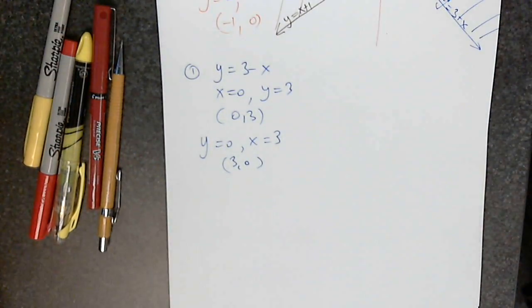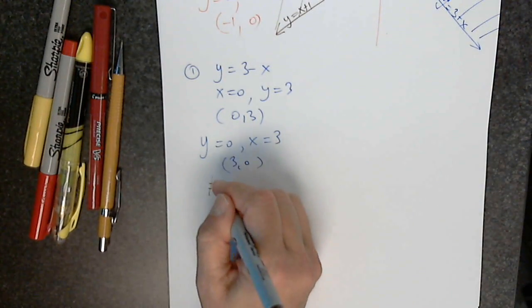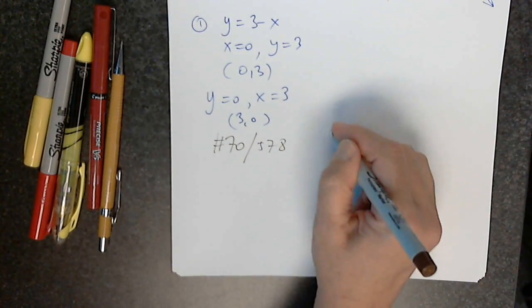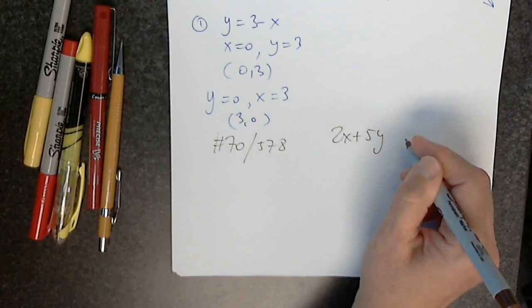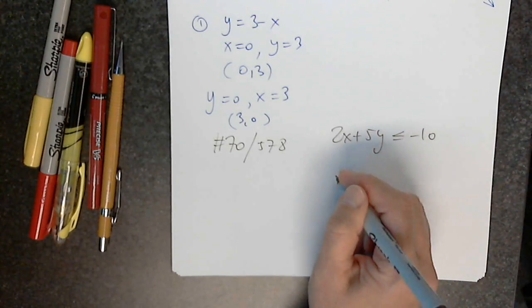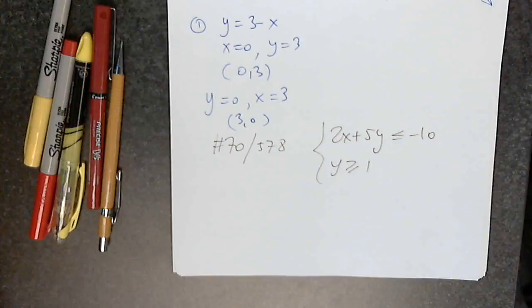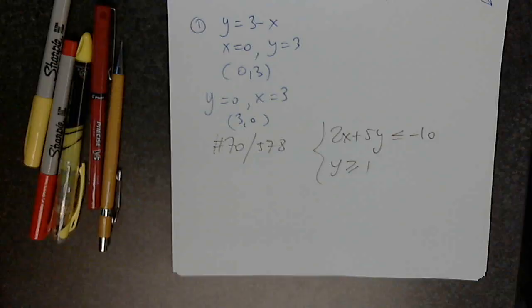So now I would like to choose, let's say, page 578. 2x plus 5y less than or equal to negative 10, y greater than or equal to 1. Let's work on this for a minute. Graph the equation. Pick a point.